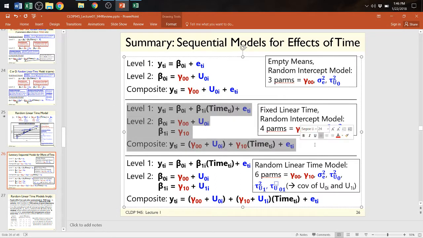Let's look at this next model here. Have I added any fixed effects? How many? 1. What's it for? Linear time. Is linear time a level 1 variable or a level 2 variable? You kind of can't tell from the equation, right? Because it shows up in both. But where does the time variable show up? Level 1. Said differently, is time a time variable or a people variable?